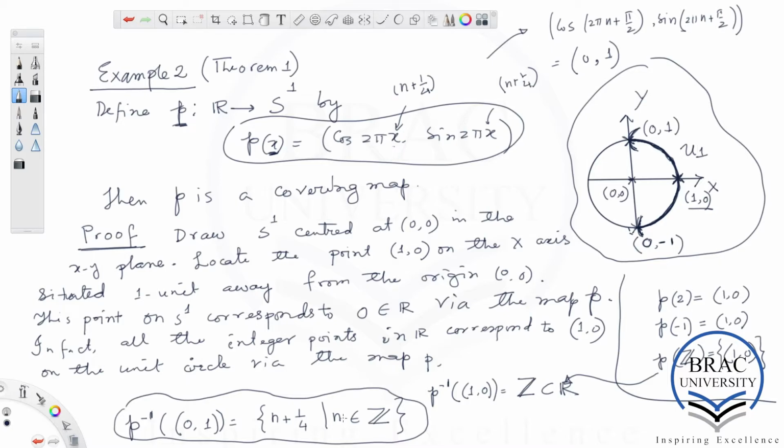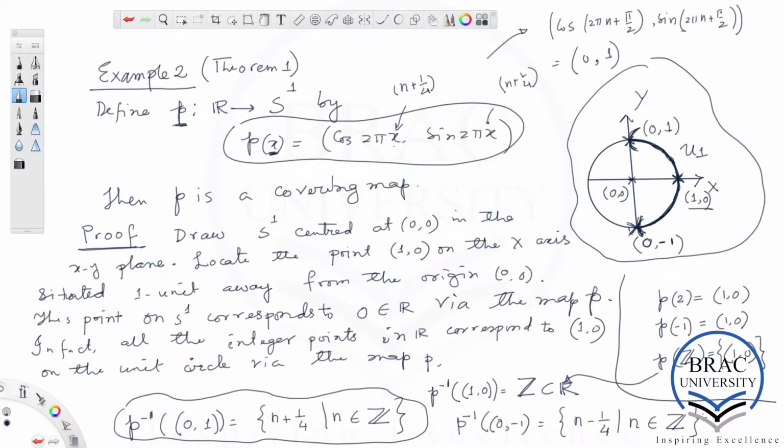Okay, similarly, the inverse image of (0, -1), the south pole of the unit circle, is going to be n - 1/4, where n belongs to the set of integers.